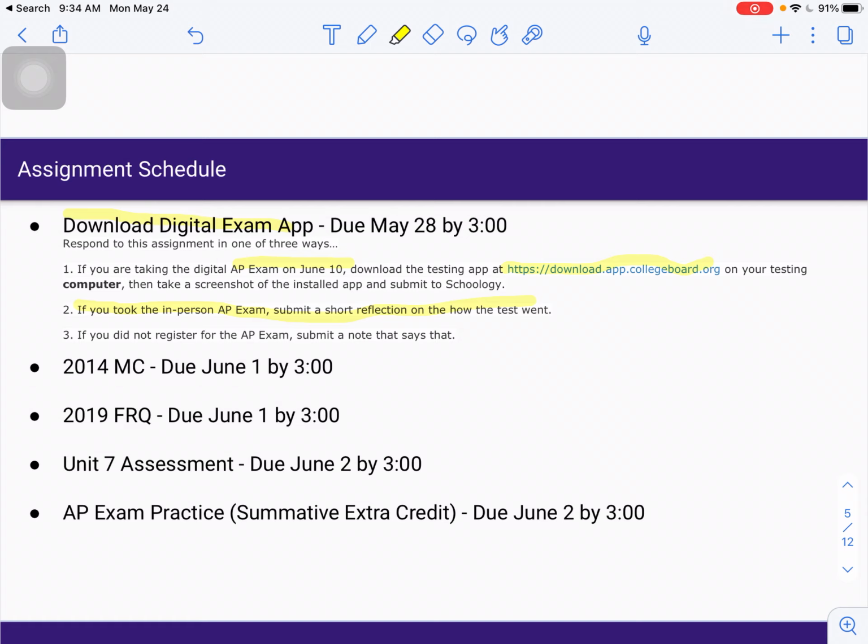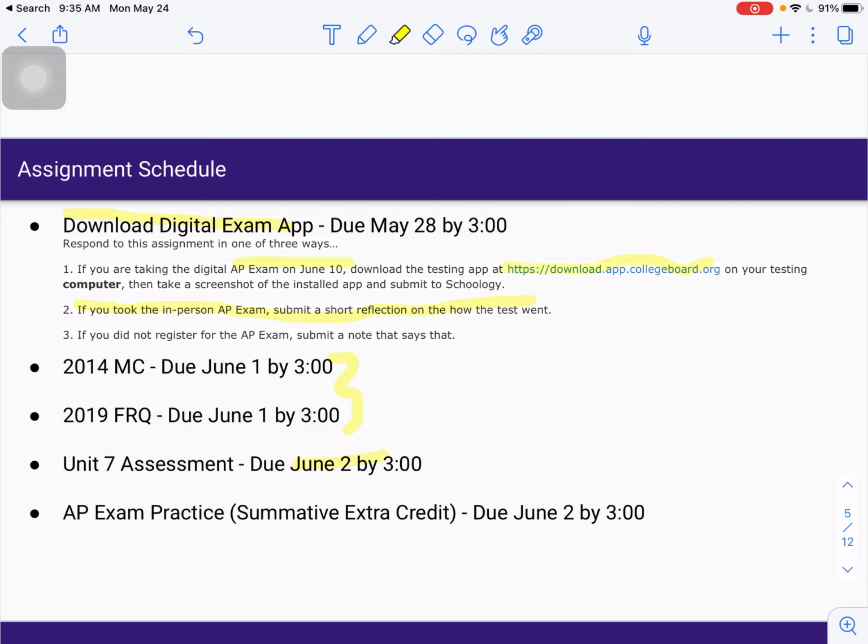A couple things that are due June 1st are the 2014 multiple choice and the 2019 free response. That's what we started last week and we'll be working on this week as well. You do need to have that Unit 7 assessment done by June 2nd. And then I'm going to give one more opportunity for some summative extra credit.